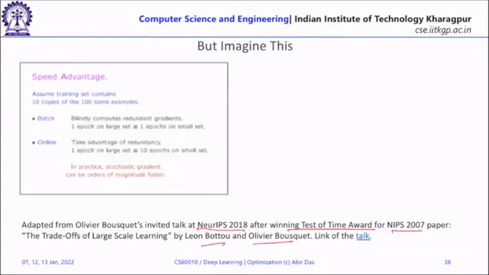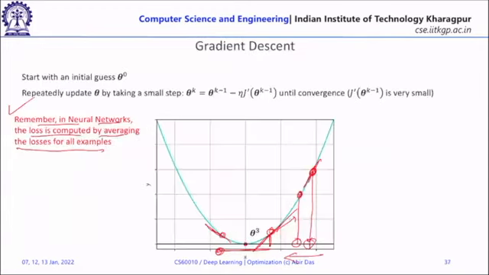So in 2018, these guys got it, and this started to rekindle the popularity of stochastic gradient descent. What we have told till now is gradient descent, and that has the relation that in neural networks, the loss is computed by averaging the losses for all examples.